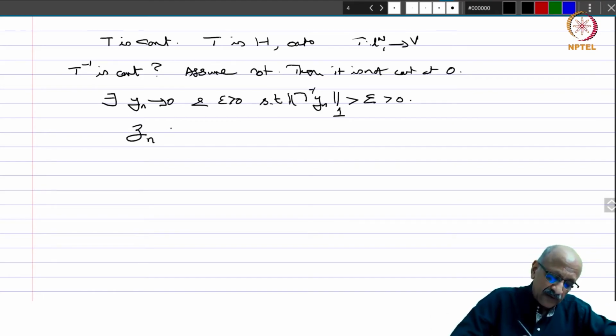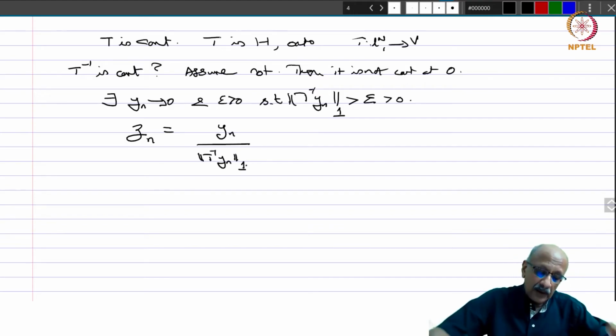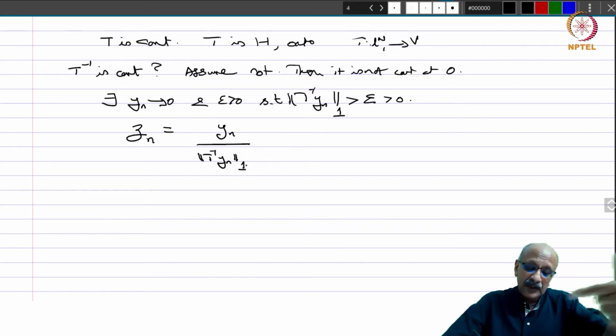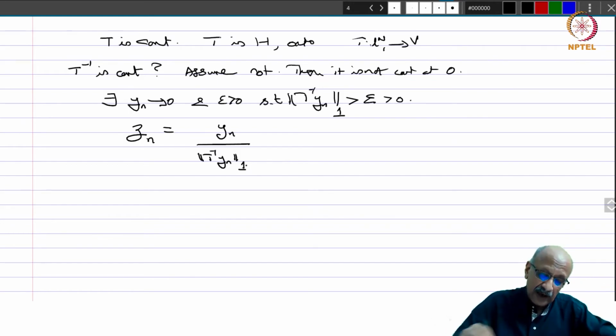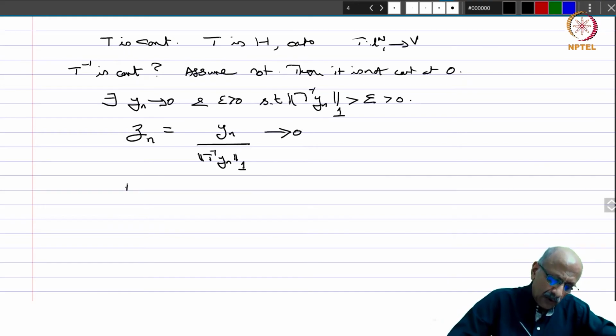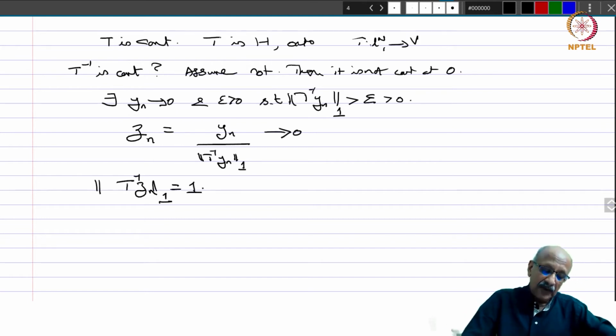So now let me define Zn is equal to yn by norm 1 of T inverse yn. Now the norm of T inverse yn is bigger than epsilon, so the denominator is staying away from zero, and therefore Zn will also converge to 0 in V. Now what about T inverse Zn? Norm of T inverse Zn is 1, because I have divided by the correct number.